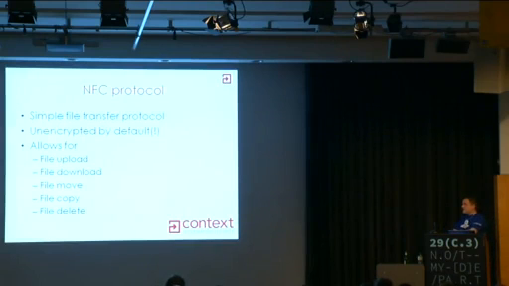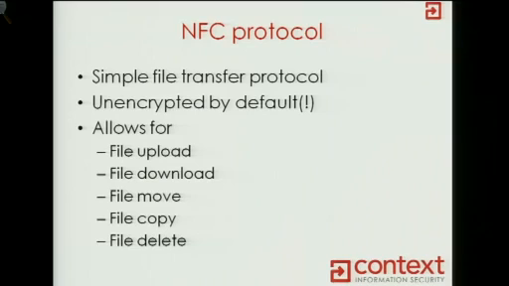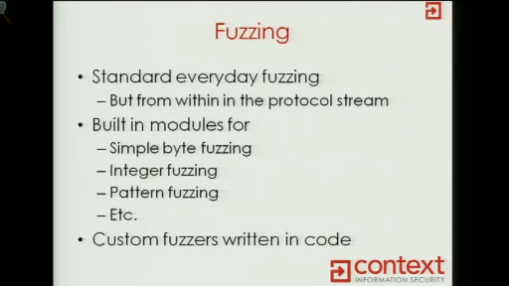So we'll go back to the NFC protocol. And it is a simple file transfer protocol. It is unencrypted by default. And it allows file upload, file download, all that sort of good stuff. So because there's a bit of complexity in parsing this, it seemed a reasonable place to go looking for something to fuzz.